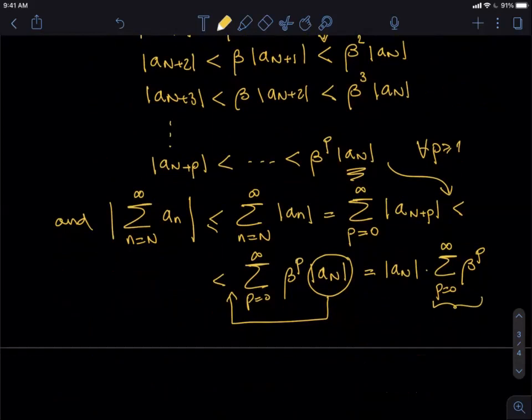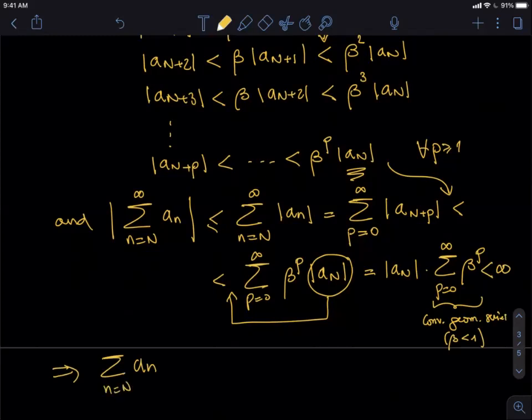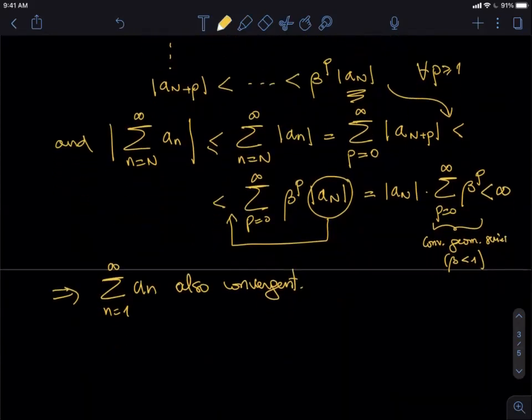So this is a convergent geometric series, and here it's very important that beta is less than 1. So this is convergent, and therefore the original series is also convergent. Here I wrote the tail, but I mean from n equal 1 to infinity, also convergent. Okay, that proves the first part.